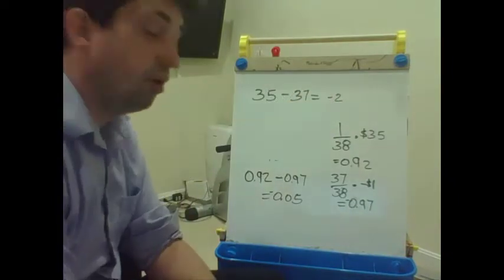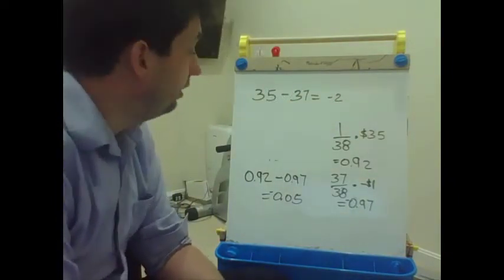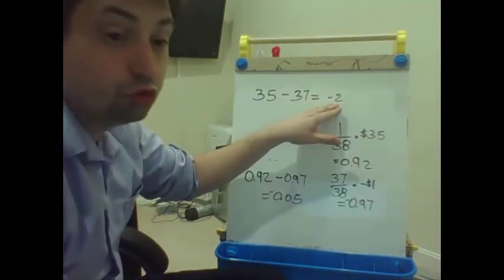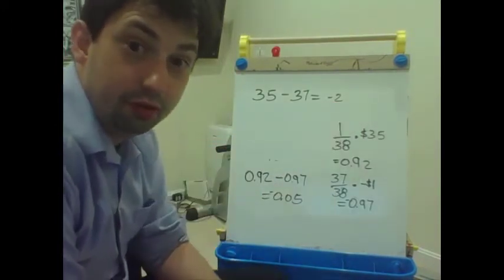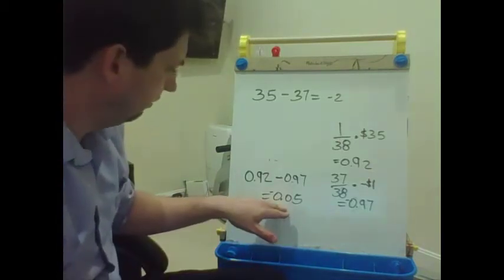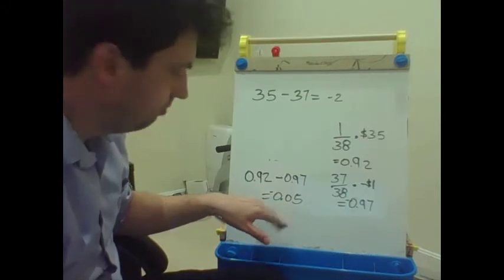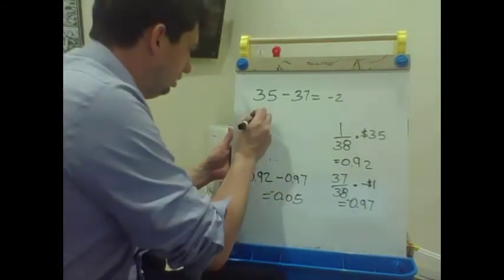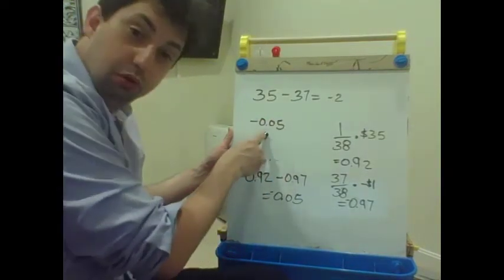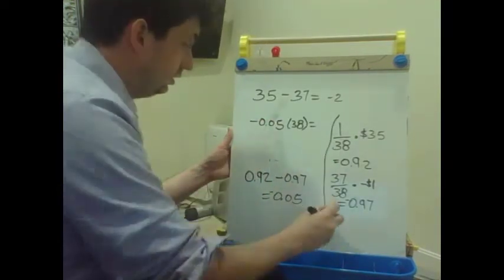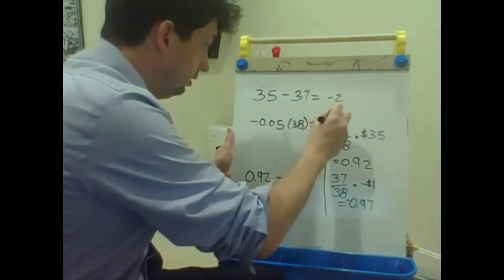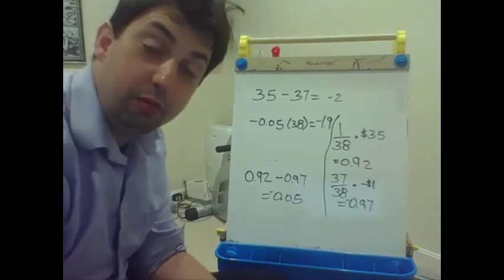So if you put $1 in all 38 spaces, you're going to lose $2 at that result. Now, 2 isn't negative 5 cents, but if you lose 5 cents every time, and you do it 38 times, you're going to get negative 1.9.